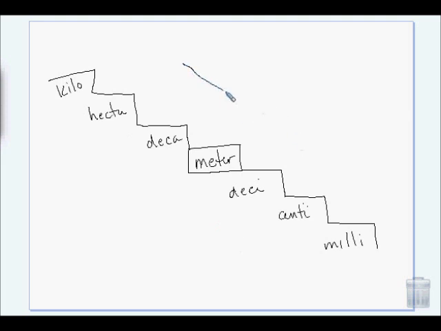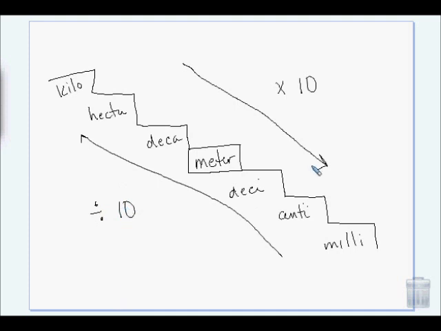If I move down the staircase, I multiply by 10. If I move up the staircase, I divide by 10. Sorry, I got that backwards. No, I had it right. As I'm getting smaller units, my number's getting larger, right?